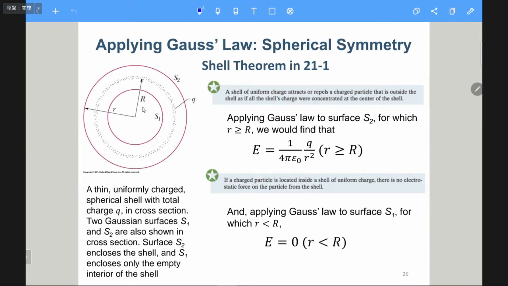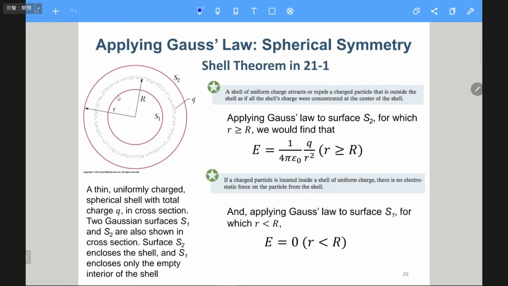The radius of this sphere is capital R, and the radius of S2 is small r, which is larger than capital R. Of course we can simply apply Gauss law for S2, and then we can find this. I've already derived it in the previous slide, so I won't repeat the procedure.